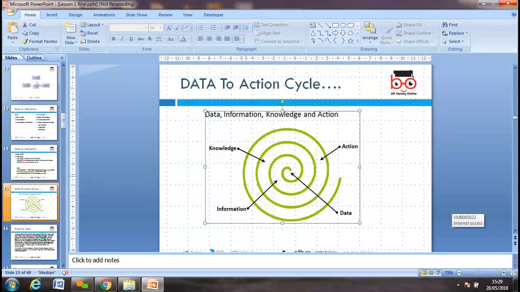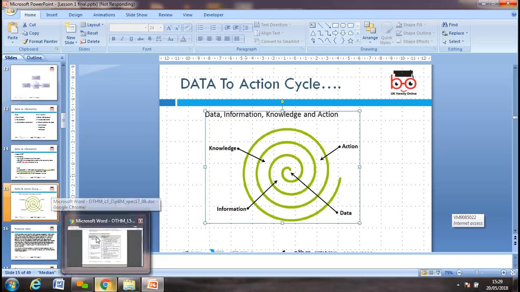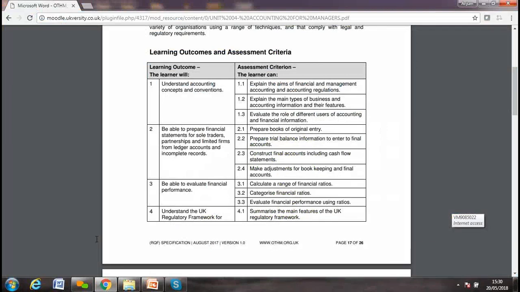Okay. We are looking at how we will manage the data and what sort of data will help us to make different decisions. So the first learning outcome is to explain the aims of financial accounting, management accounting and accounting regulation, like financial accounting and management accounting, and what regulation, like we discussed GAAP.